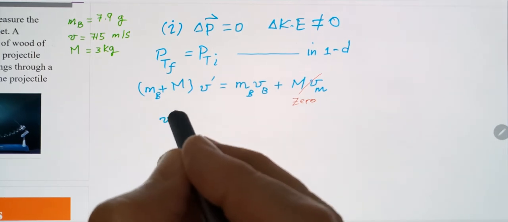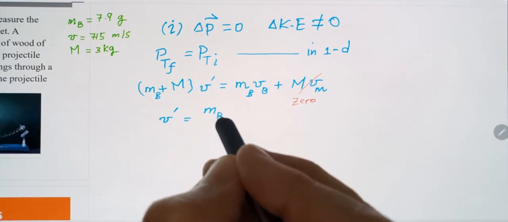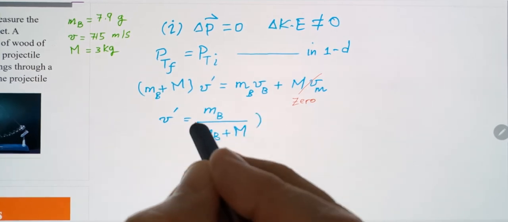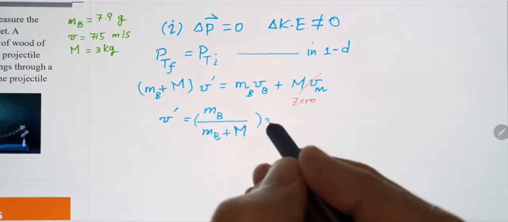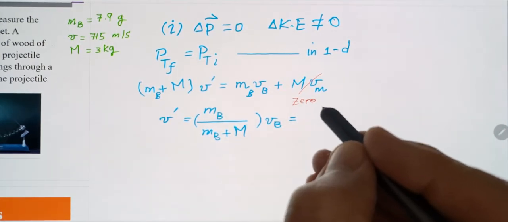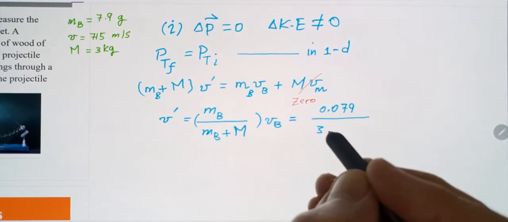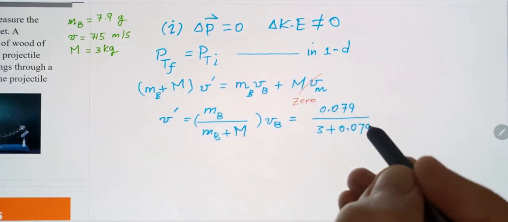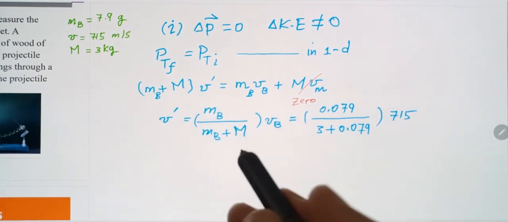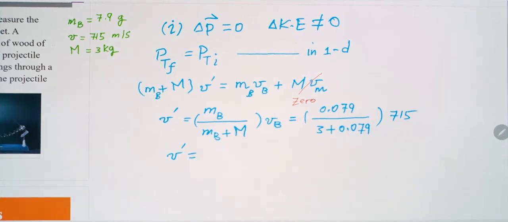We put in the numbers. So V prime is equal to this over this. Let's put in the numbers. What will V prime be for both the bullet and the block?